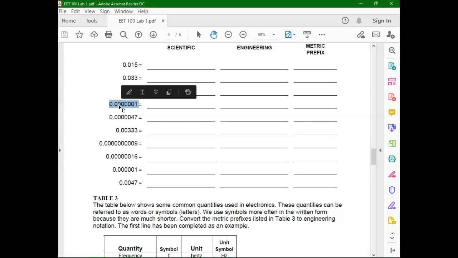All right, so what about this guy right here? That would be 1 times 10 to the negative 7.